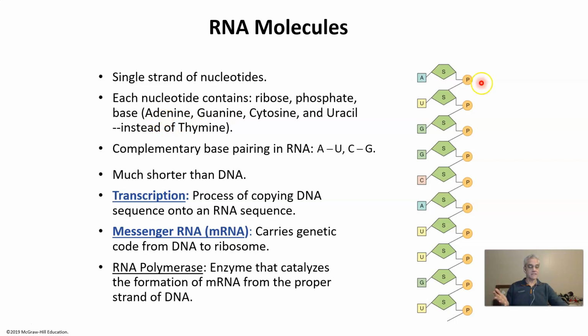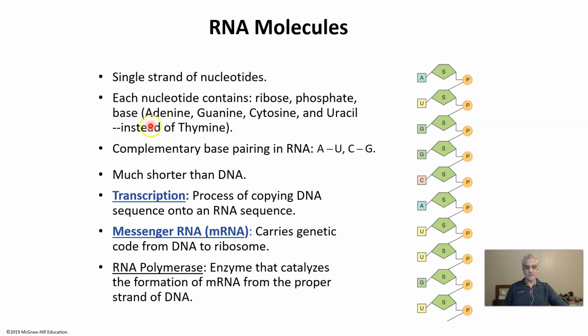RNA has a phosphate. RNA has a sugar. Now the sugar is different. This sugar is called a ribose sugar instead of a deoxyribose sugar, which is where we get the name ribonucleic acid instead of deoxyribonucleic acid. So the sugar is different, number one.